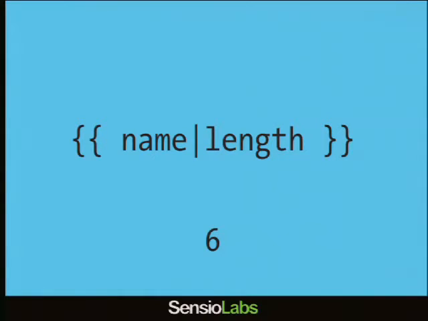So first, it means that filters and many features in Twig are predictable. And then we try to be very consistent, which is not the case in PHP, where you have to use strlen for a string and count for an array. So you have different constructions for different kinds of variables.